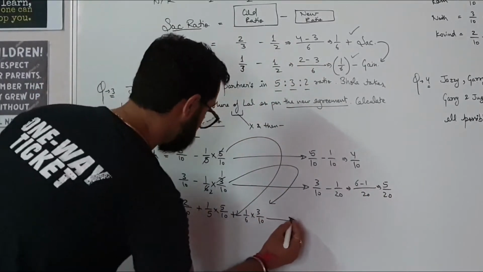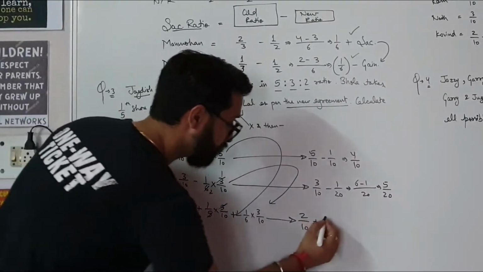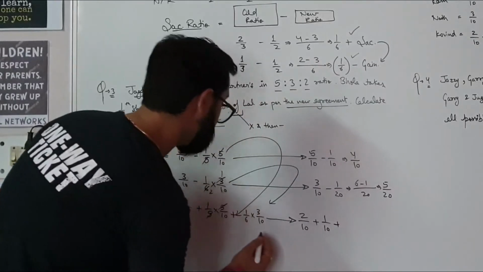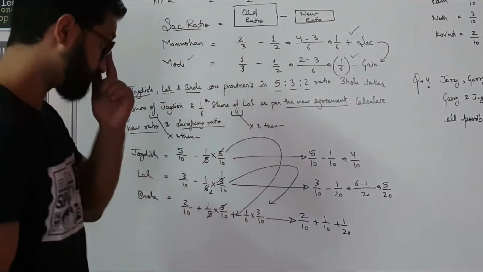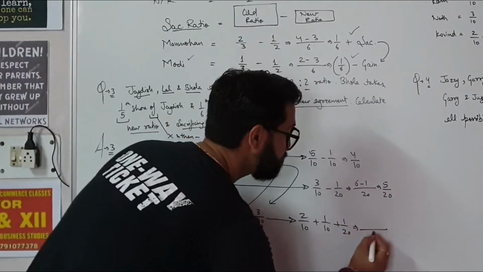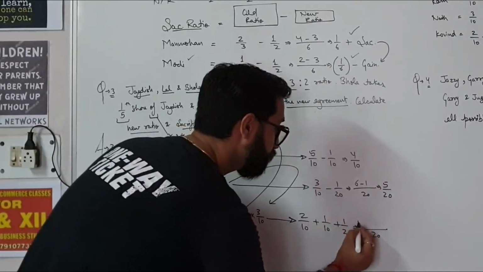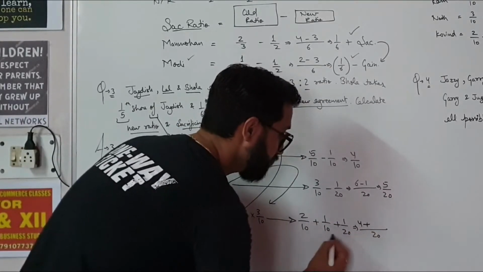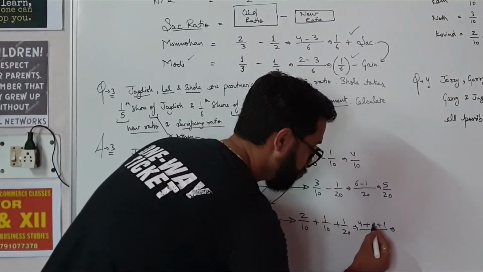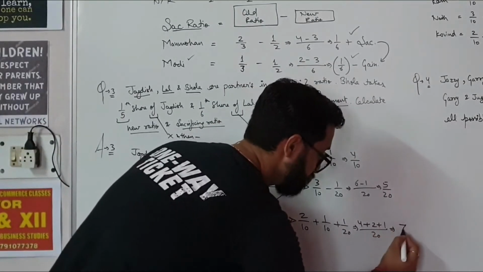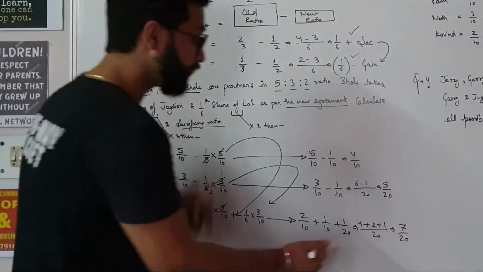In the last case, 2 by 10 plus 1 by 10 plus 1 by 20. Take LCM, LCM comes 20. 4 plus 2 plus 1, it comes 7 by 20.